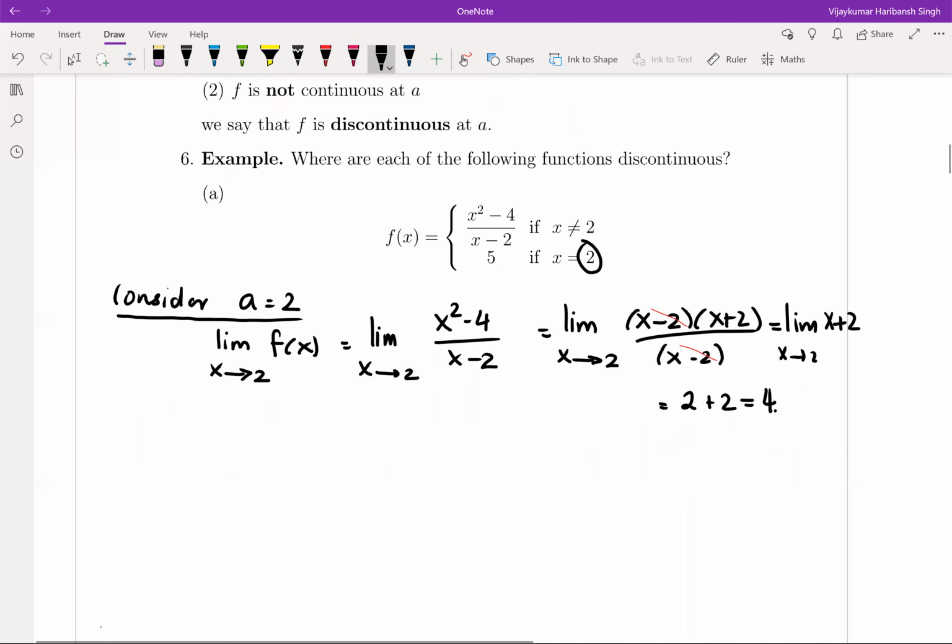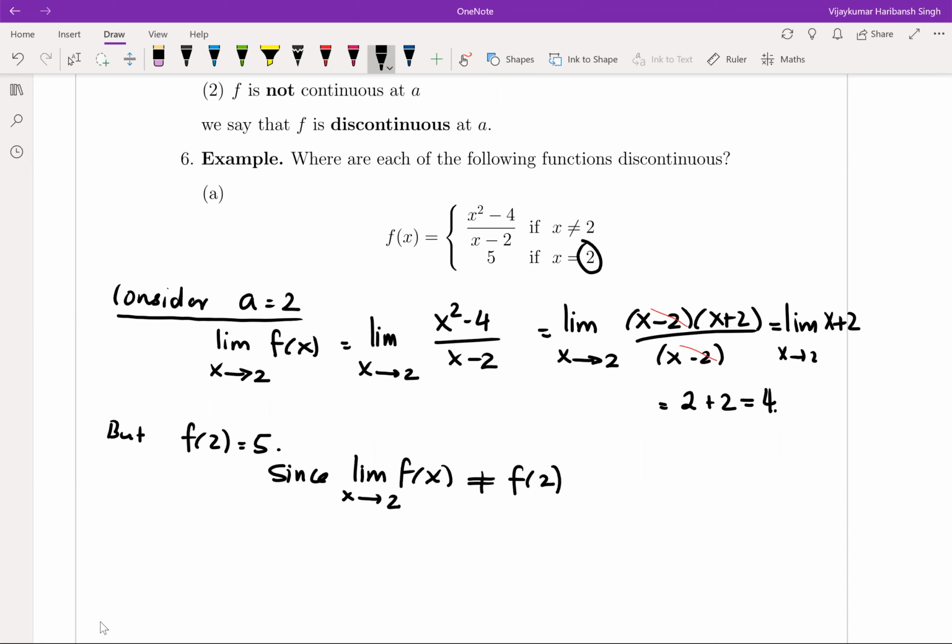But f of 2 is equal to 5. So therefore, since the limit as x goes to 2 of f of x is not equal to f of 2, f is not continuous at 2, or f is discontinuous at 2.